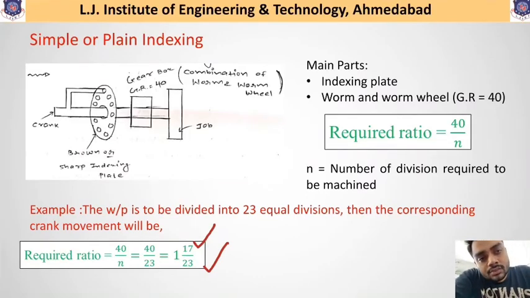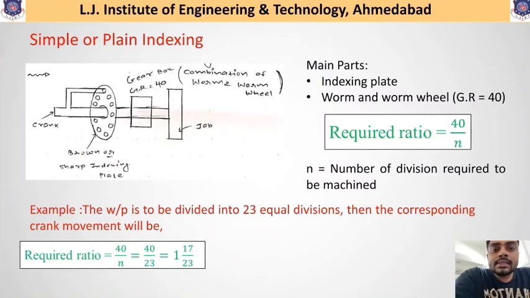And the first value, that is 1, gives the interpretation that to perform the 17 by 23 operation, first one needs to complete one complete revolution. So combining all this detail, I will be giving you the perfect interpretation for this number.